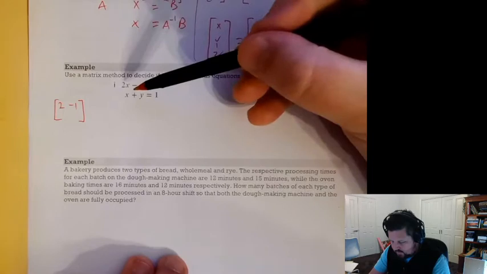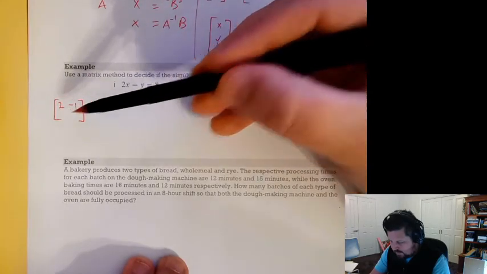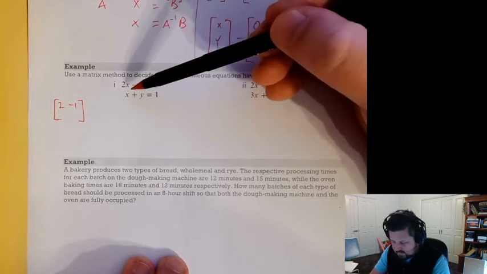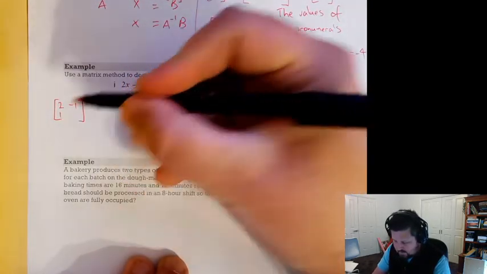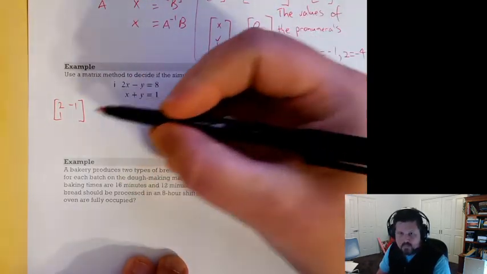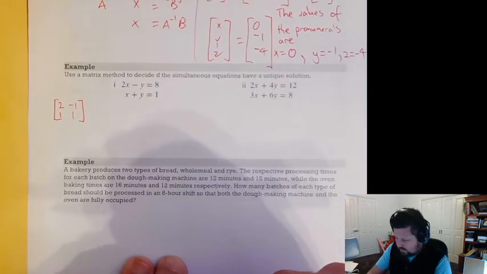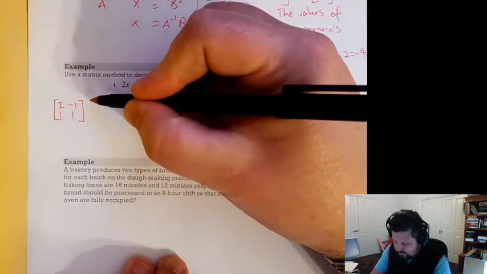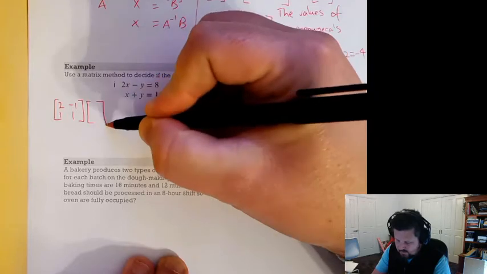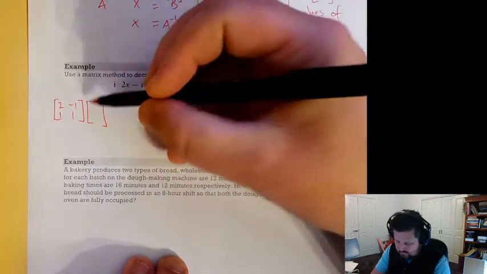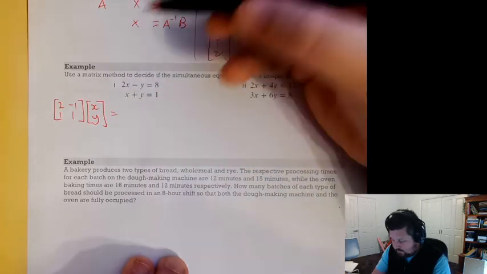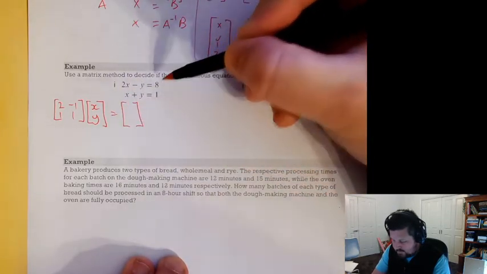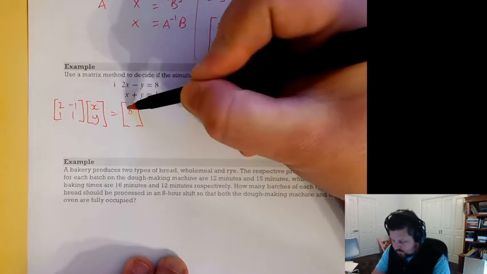The second row of the coefficient matrix is going to have a 1 lot of x there, and another 1 lot of y. Next, we're going to write down the variable matrix. We're dealing with x and y's. This is equal to, the first one was 8, and the second one was 1.